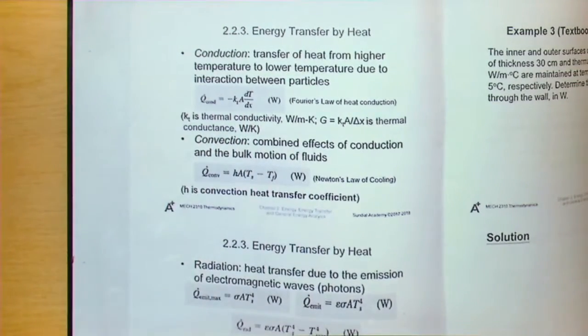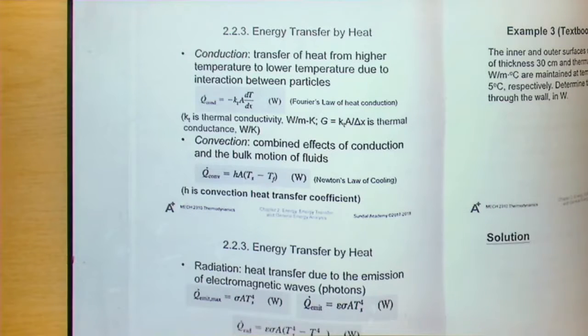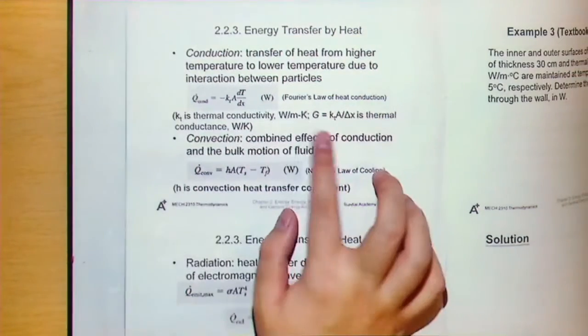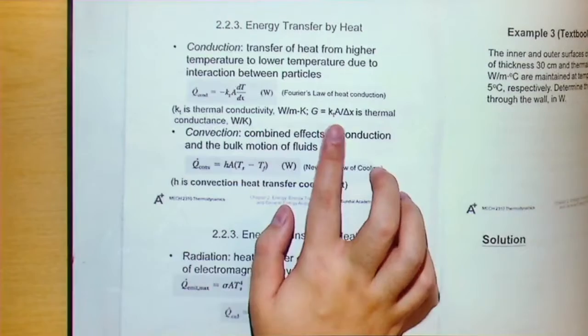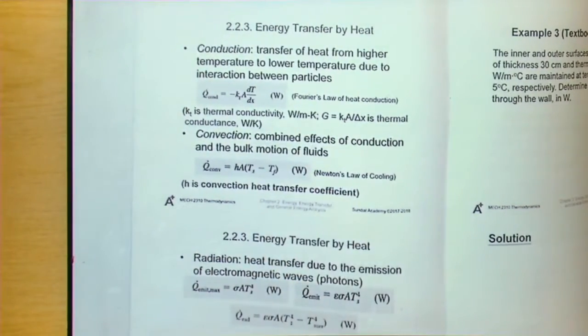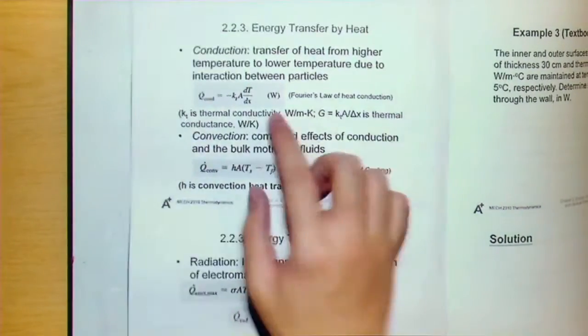kT is what we call the thermal conductivity, and it has a unit of watts per meter K. So we will also use what we call the thermal conductance, G, to describe the heat transfer rate, which is G equal to kTA divided by delta x. We will use this to group the term here.